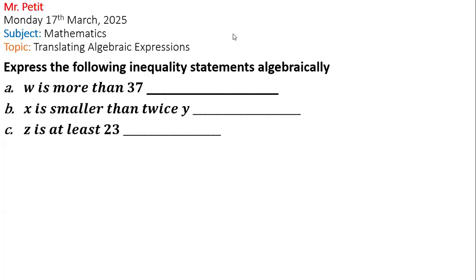Cleveland, can you read this for me, please? Express the following inequality statements algebraically. A, W is more than 37. B, X is smaller than twice Y. C, Z is at least 23.